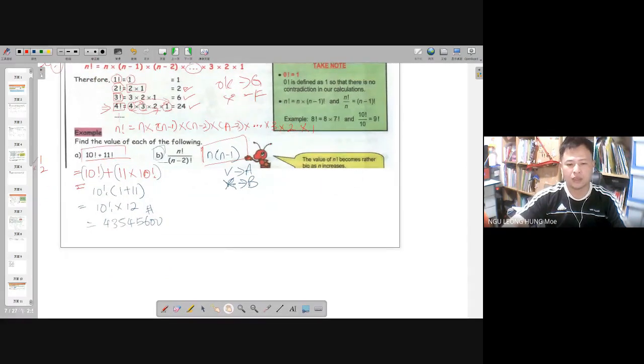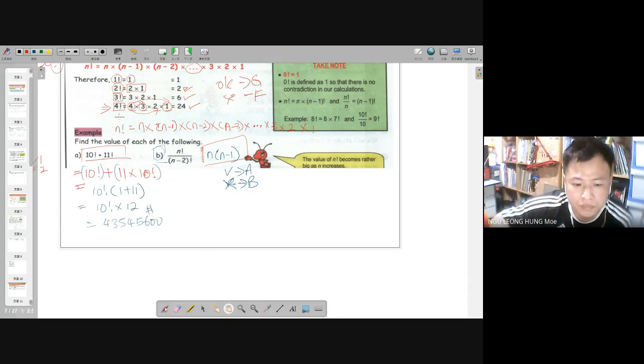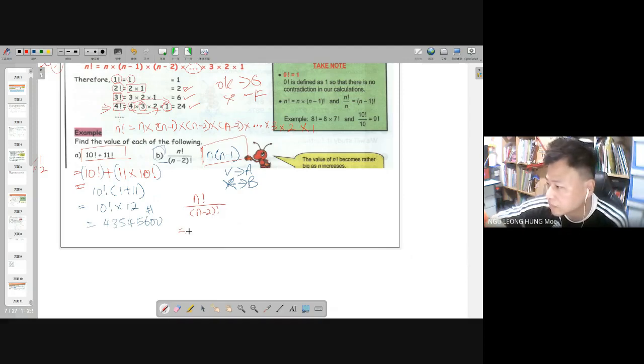This one cannot be calculated by using the calculator. Chetai still trying?